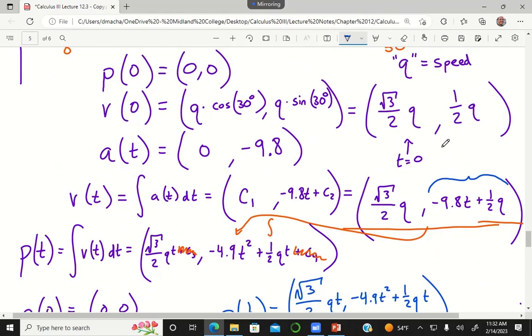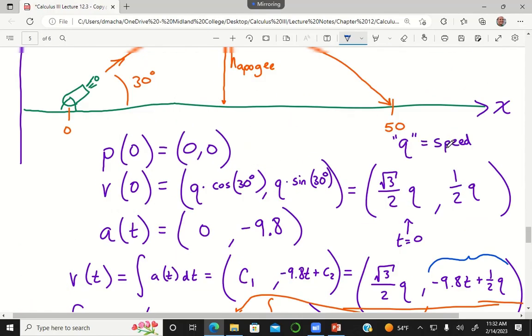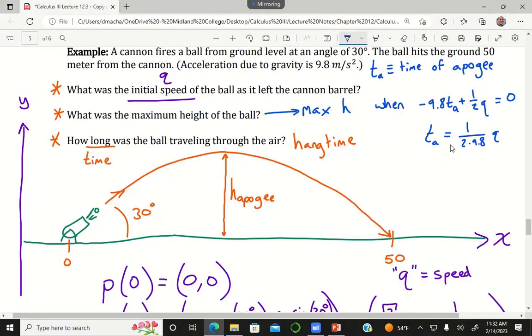I think. Anyways, I've got this formula that tells me the time at my apogee if I only knew my initial speed, and eventually I'll find out my initial speed. If I knew the time at the apogee, I just have to plug that into the y component of my position to find the height at the apogee. So making a little bit of progress there on my second question.